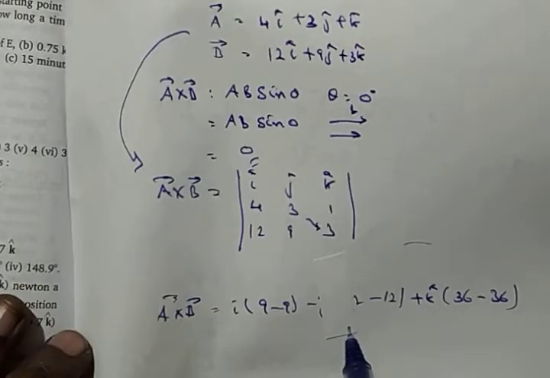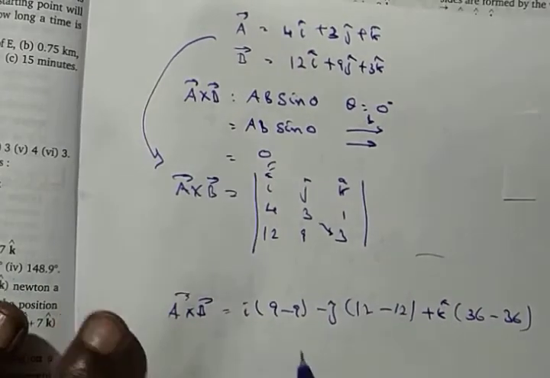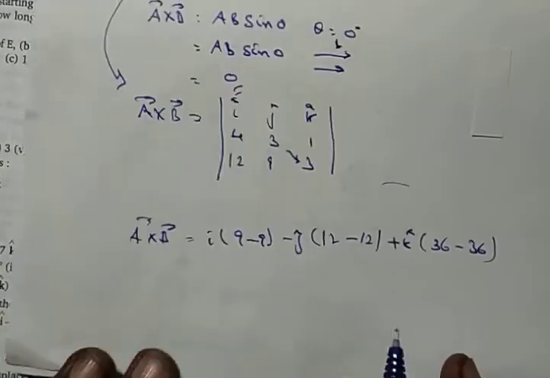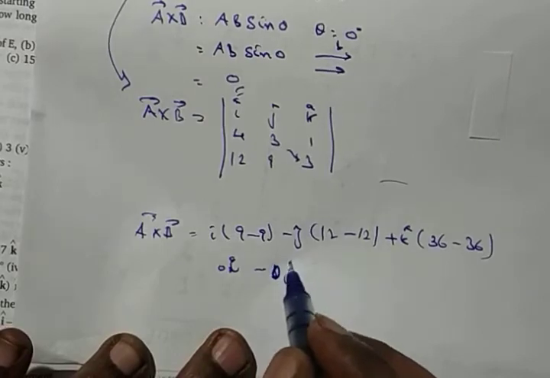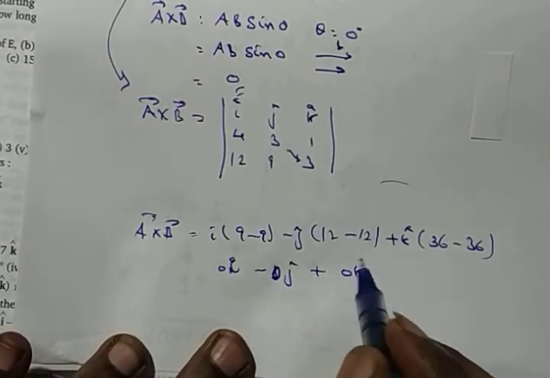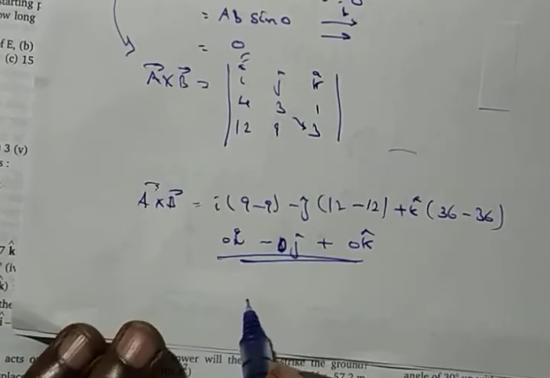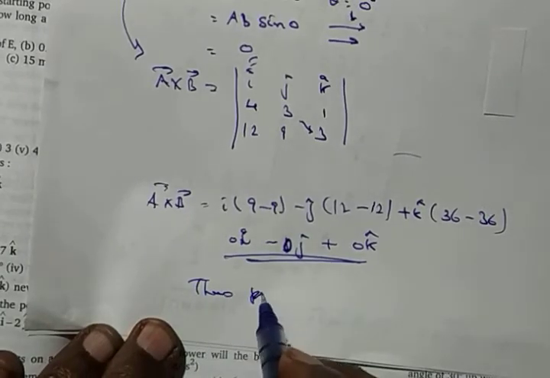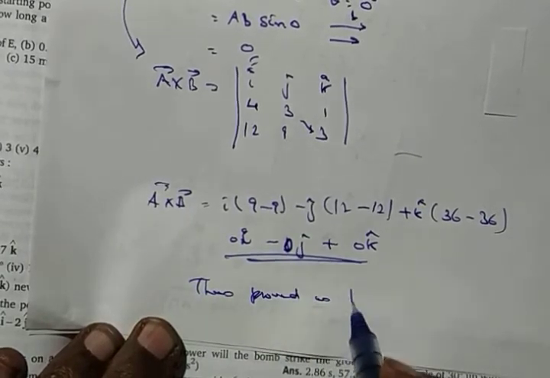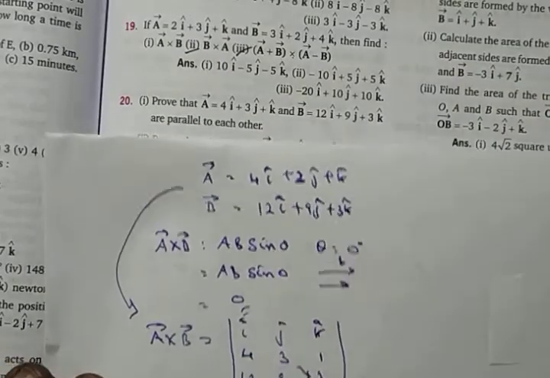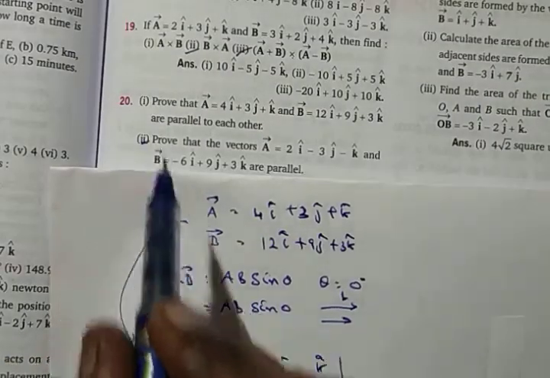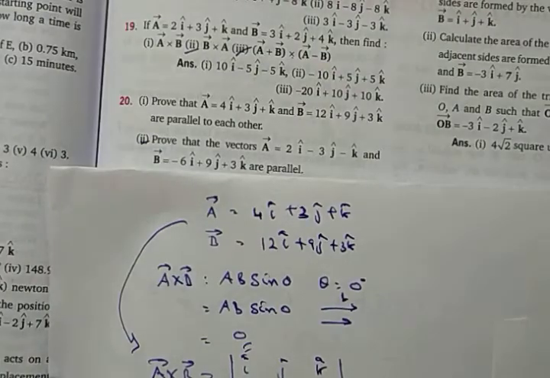So everywhere you get 0. So it is going to be 0 i cap minus 0 j cap plus 0 k cap. So it is totally a 0 vector, thus proved as parallel, because everything is 0 here. So you have to do the next question, prove this one also parallel. That question you need to do yourself.